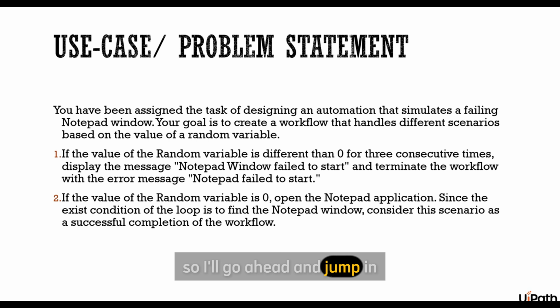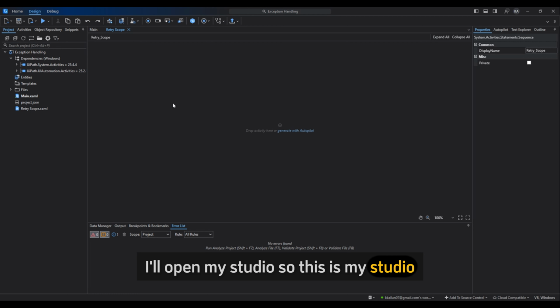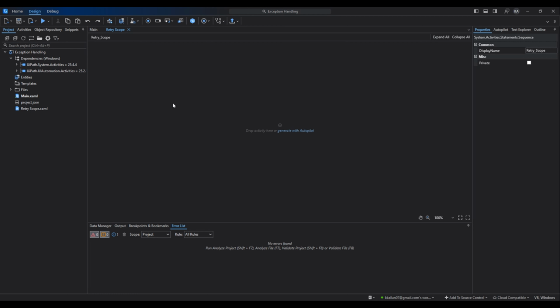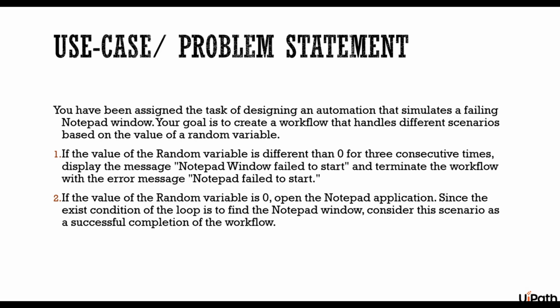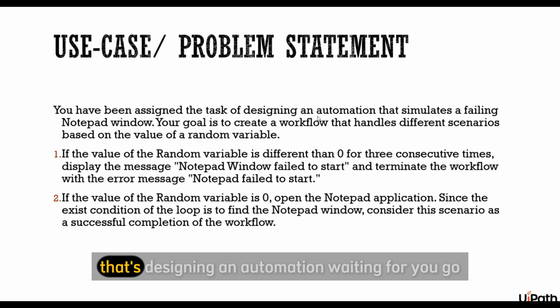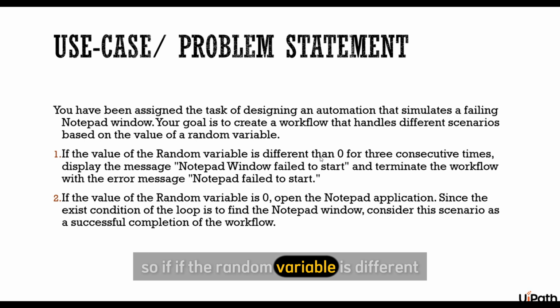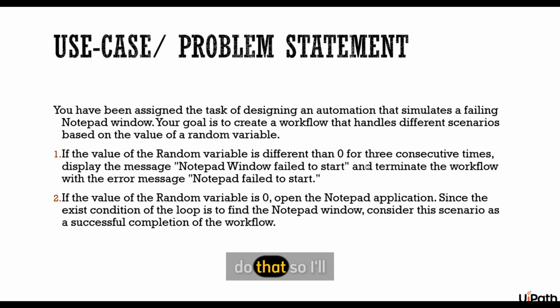So I'll go ahead and jump in. I'll open my Studio. So this is my Studio. The first thing they're telling us is, if the random variable is different than 0 for 3 consecutive times, do that.